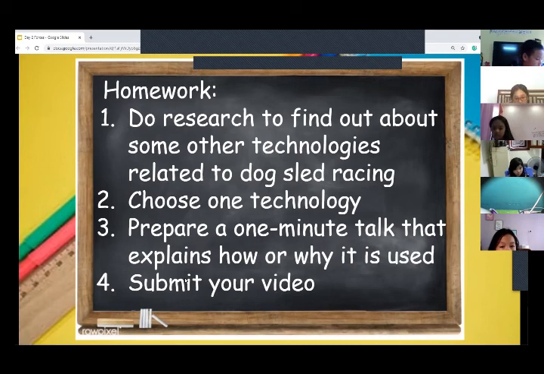What do these people use to win races? You can talk about technologies with the dogs. You can talk about technologies with the sled, or you can use examples like the GPS, but make sure you look up your own technology, okay?